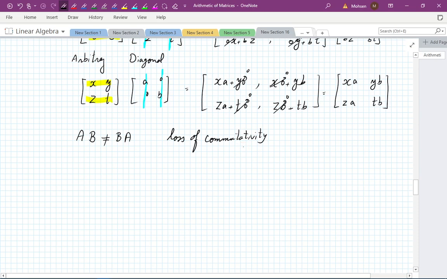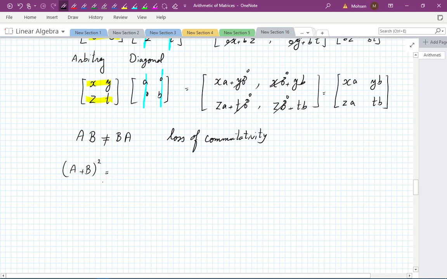Well, is that the only thing that's lost? Well, any idea you had in ordinary algebra where commutativity was used is going to be in jeopardy now. For example, what do you think is A plus B squared?